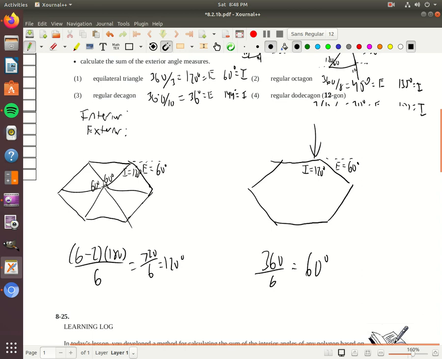Each of these central angles is also 60 degrees. So if we do it this way, it's the same formula. Once we do 360 divided by 6, it's not only the exterior angle, but it's also the central angle. So you may as well do this one problem and figure out 2 of them, rather than going through all this and then using this formula anyway to get the central angle.